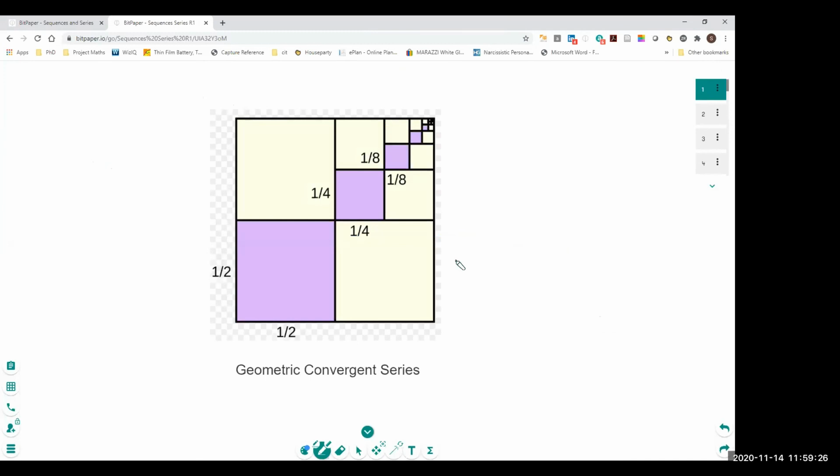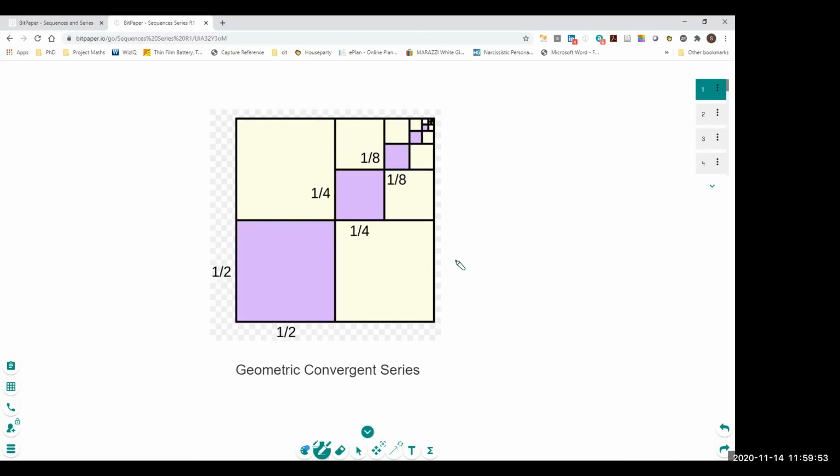If you look at the purple box, it's a half by a half in size. If you look at the next purple box, it's smaller. What was it multiplied by to get to that size? Well, a half by a half gives you a quarter. So the constant ratio there is a half. The next box is a quarter multiplied by a half, and that gives you 1/8.